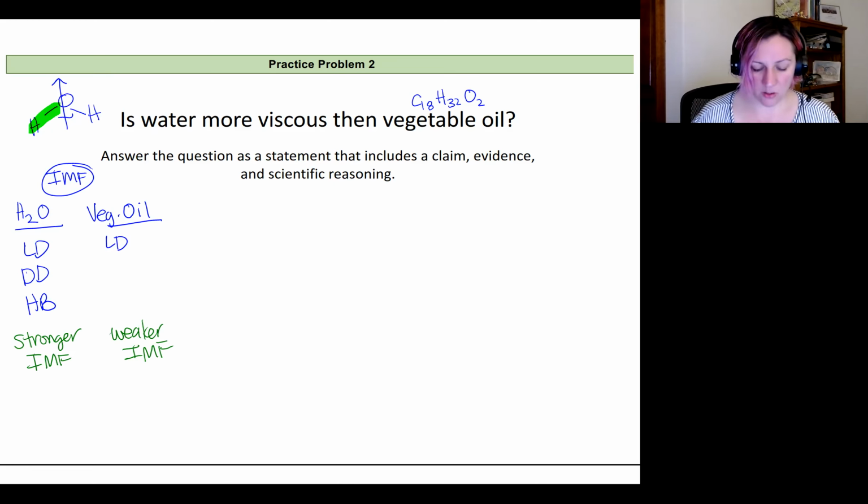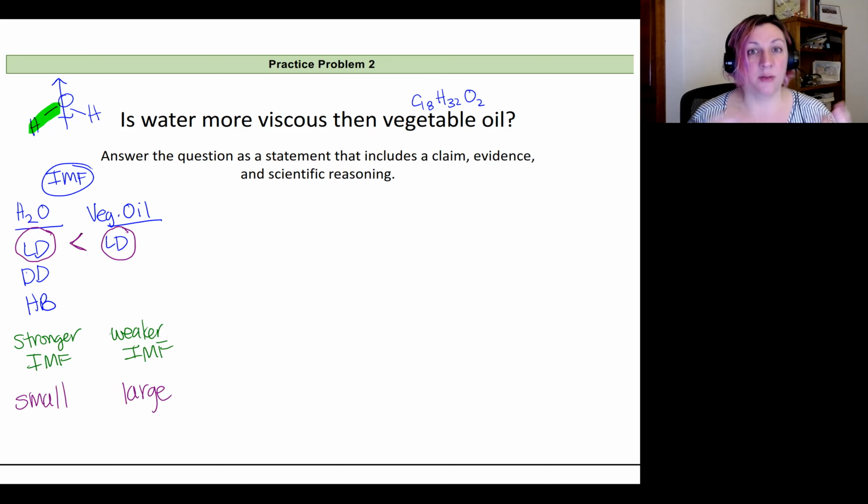So I'm going to note that our water is small and our vegetable oil is large, to the point where I can definitely say that vegetable oil is so much larger that the London dispersion forces of vegetable oil and water, when I compare them, the vegetable oil ones are going to be much stronger. And it won't have any dipole-dipole or hydrogen bonding.